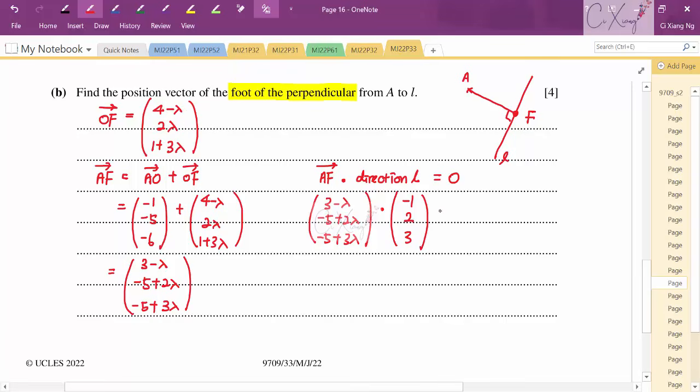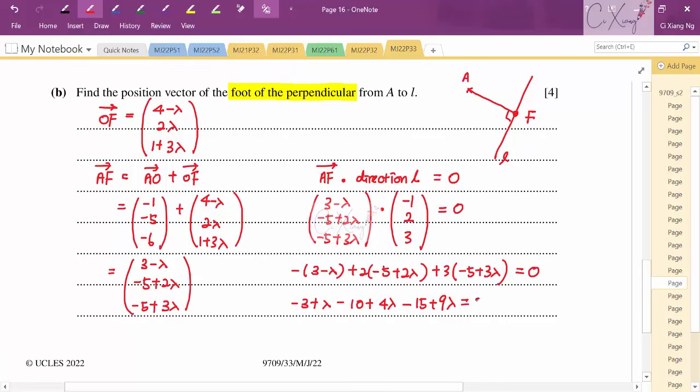Taking the dot product of these two vectors and simplifying, I will have 14 lambda equals 28, where my lambda is equal to 2.